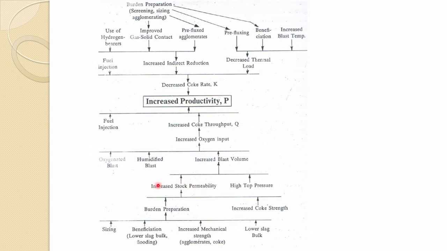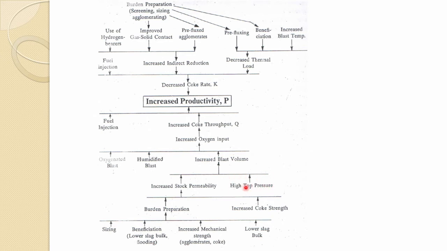Similarly, permeability of the region, I do not have to emphasize this, we have devoted lots of time on this previously, which directly affects the productivity. If permeability is not good, then you will have a high pressure drop, high resistance to the gas, and you can't blow much volume into the blast furnace, and that is ultimately going to decrease your productivity.